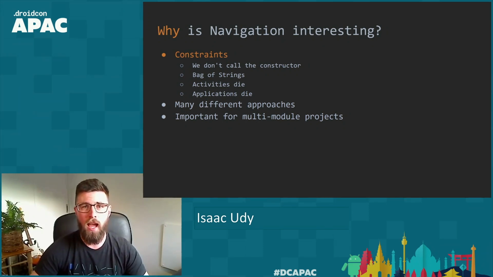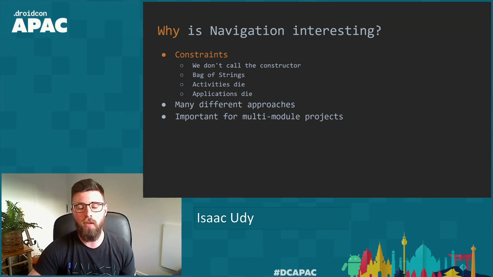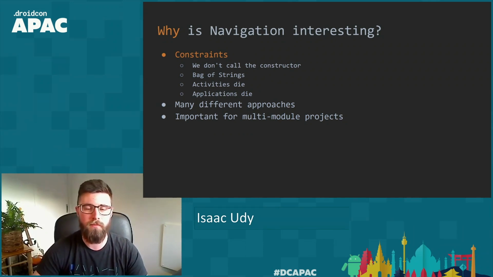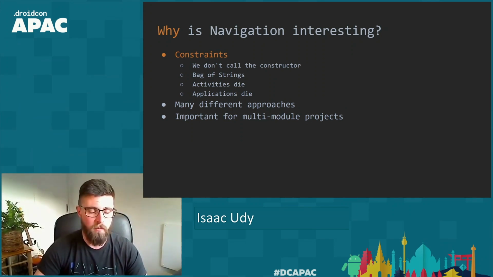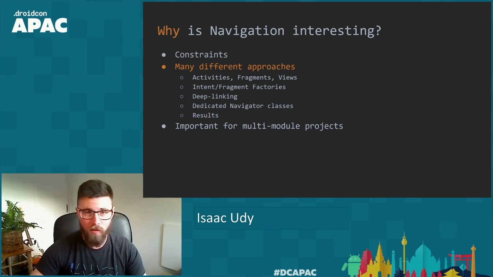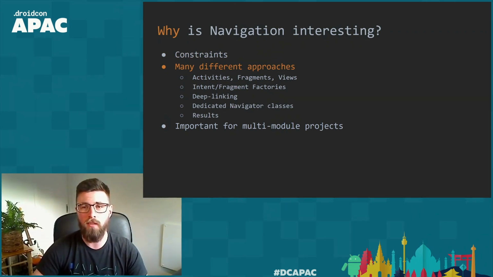Activities die, applications die, and we need to support everything being recreated nicely after configuration changes and after an application process death. All of these constraints don't make navigation fun, but constraints like this, at least to me, make the problem interesting. Because of these constraints, there are a lot of different approaches and opinions on how to tackle navigation.